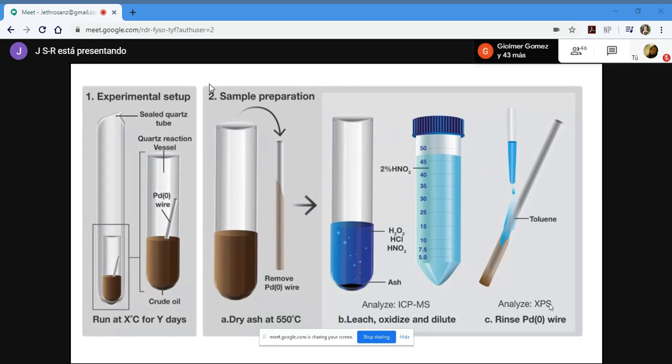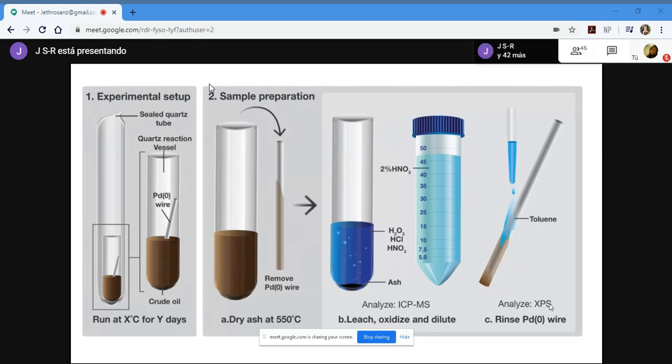In this case, in the picture, it's a palladium wire to test the concentration of palladium in crude oil. And we would dissolve the wire in crude oil inside of a sealed quartz tube. And then we'd place this quartz reactor or this quartz tube inside the oven at different temperatures and leave it to react.